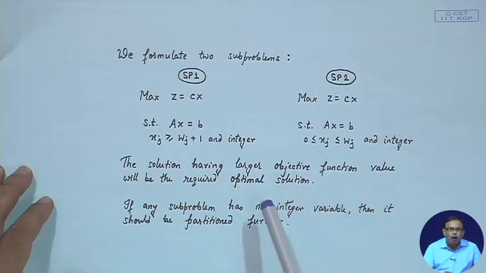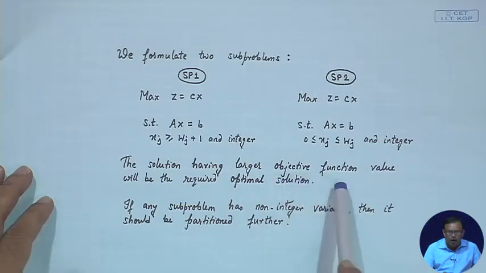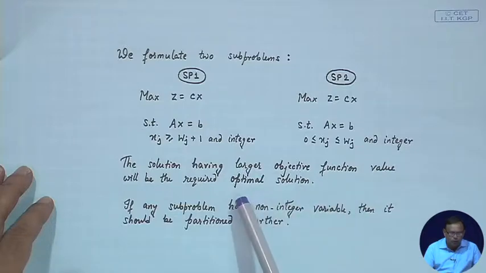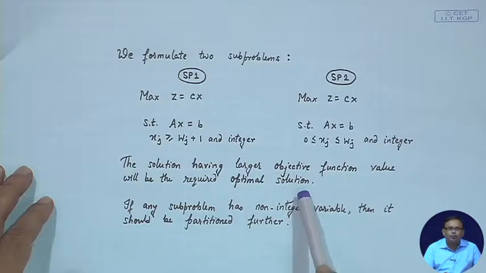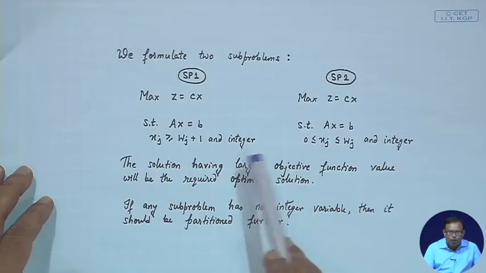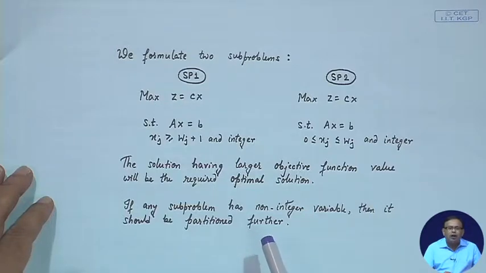Now, the solution having the larger objective function value will be the required optimal solution. There are some possibilities. One case is that both problems SP1 and SP2 have optimal solutions and they satisfy the feasibility condition, that is, you get integer solutions for both SP1 and SP2.